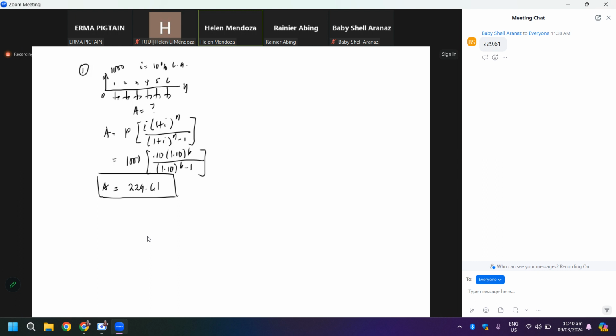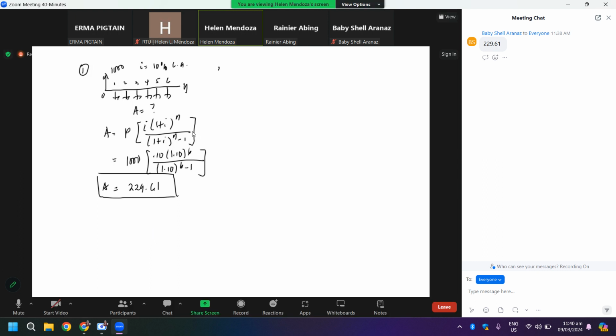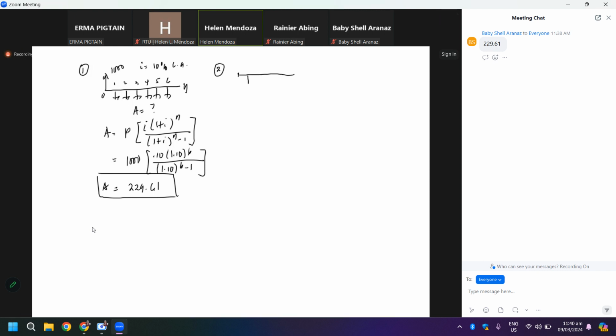So, may tanong po sa unang example. So, let us try to modify the problem. Supposing now we would have the same A. Five years na lang. Then we would like to find an F value.